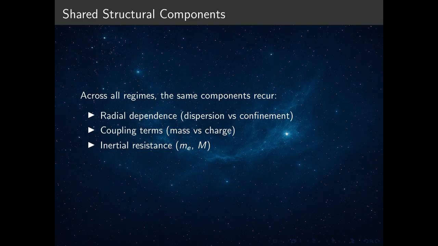Radial dependence appears either as inverse square spatial dispersion in the macroscopic domain or as confinement scaling in the microscopic domain. Coupling terms appear as mass in gravitational systems and charge in electromagnetic systems, while inertial resistance is encoded through mass parameters such as ME.